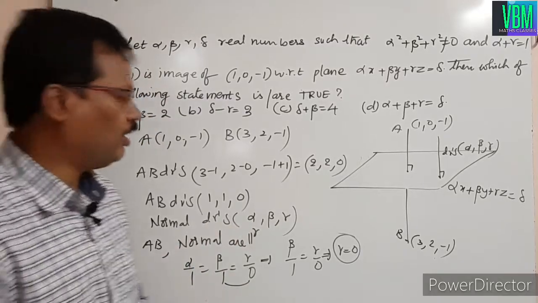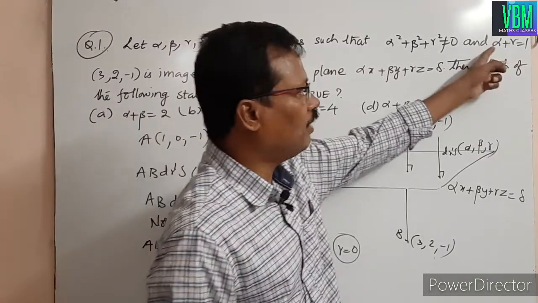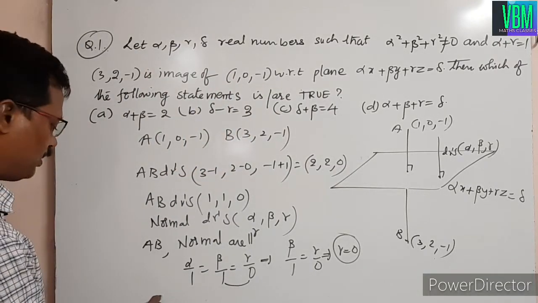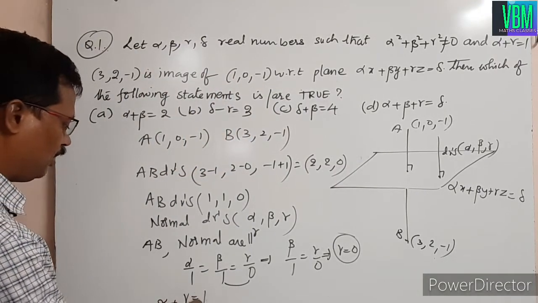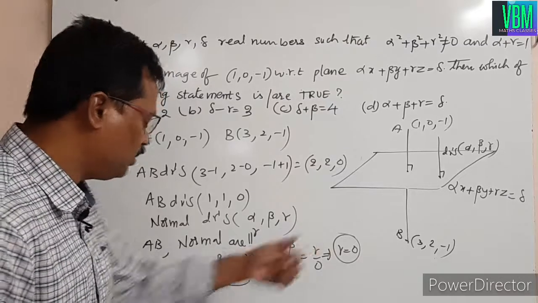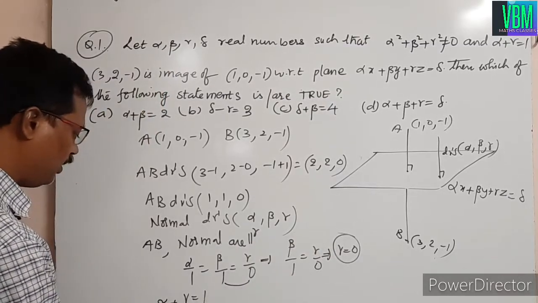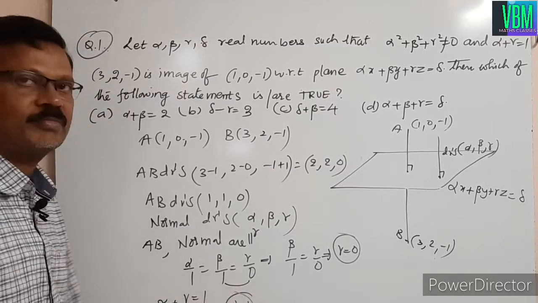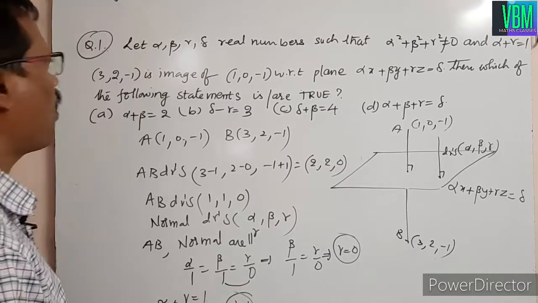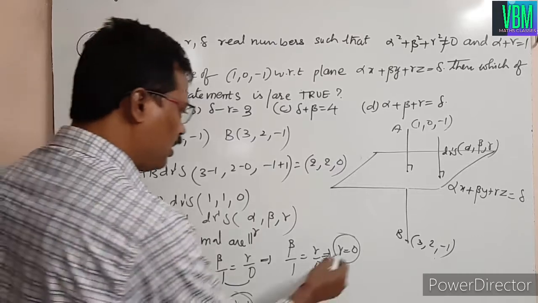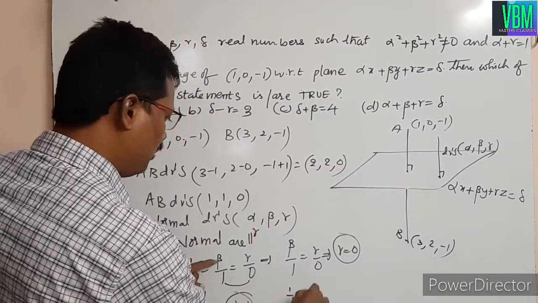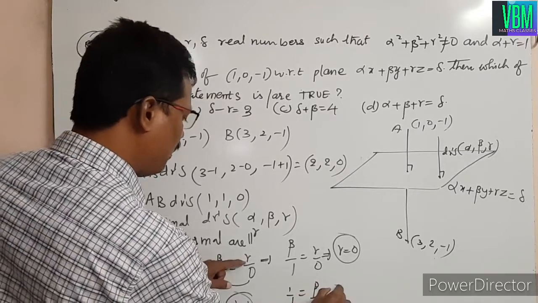Now we got gamma 0, and alpha plus gamma is equal to 1. Since gamma is 0, alpha will be 1. Therefore we got alpha is equal to 1. Now alpha is 1, gamma is 0, let us keep in this: alpha by 1, beta by 1, gamma is 0.